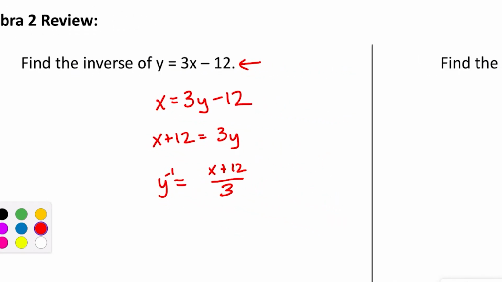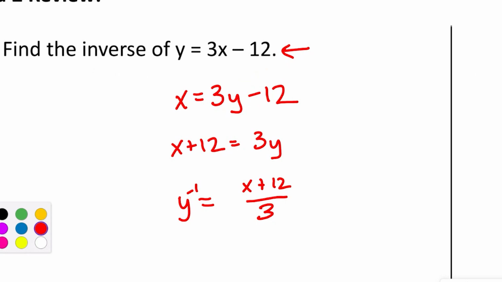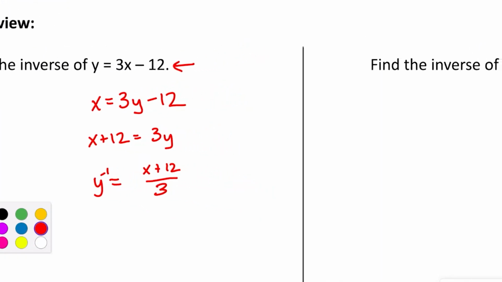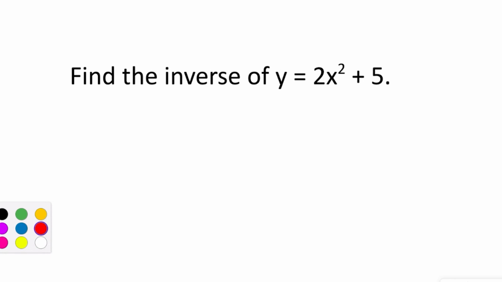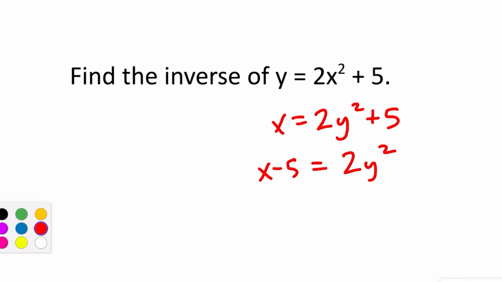Now, sometimes you can rewrite the inverse explicitly, and that would only be possible if the inverse is a function of x. Sometimes the inverse is not a function of x, and so you cannot write it explicitly. Like if I take a look at this quadratic, if I swap x and y here, we're going to run into an issue where after I subtract 5 from both sides and divide both sides by 2, I'm going to have to take the square root of both sides.